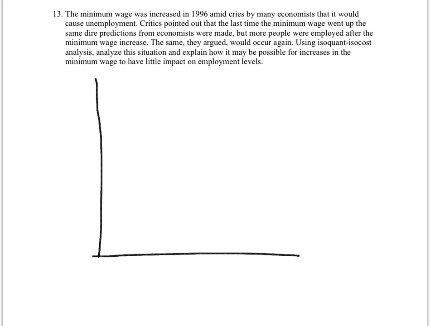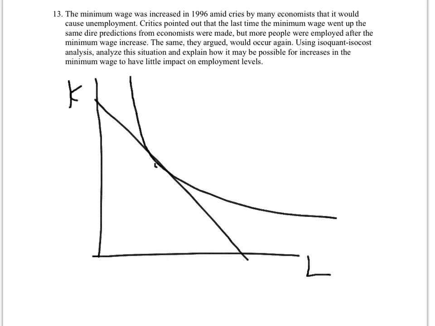If a firm is minimizing costs before the minimum wage kicks in, it is probably producing, let's say, at this point right here, L1, K1. Let's call that A. Now the minimum wage kicks in and the firm continues to minimize costs.